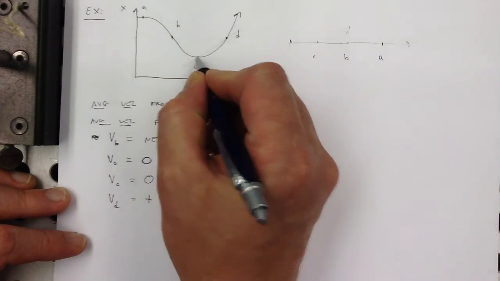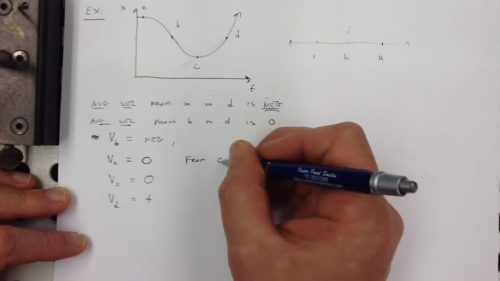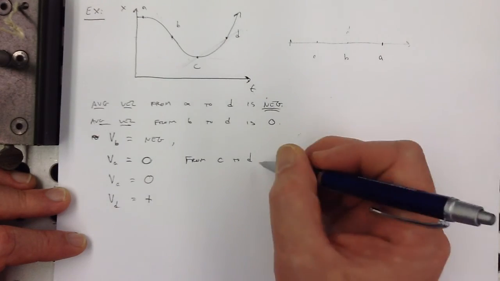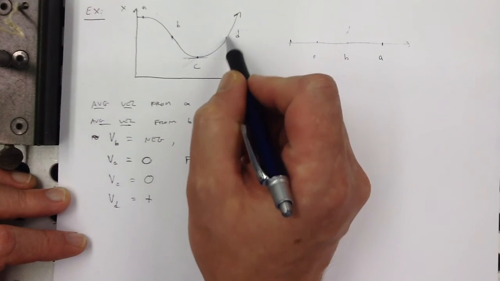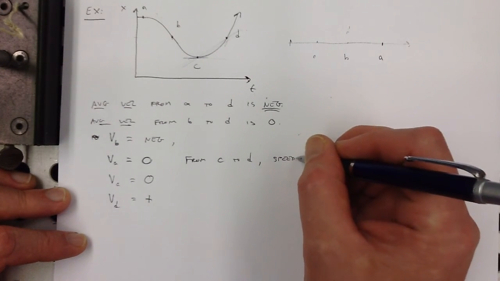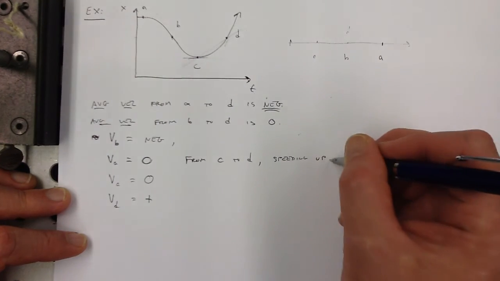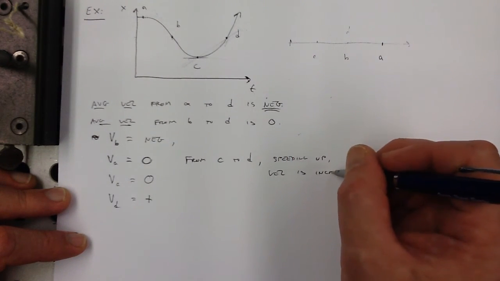So here we're going from C to D, so it looks like we're going from having a velocity of 0 to having a velocity of some positive, so we could say that it's speeding up. The velocity is increasing.